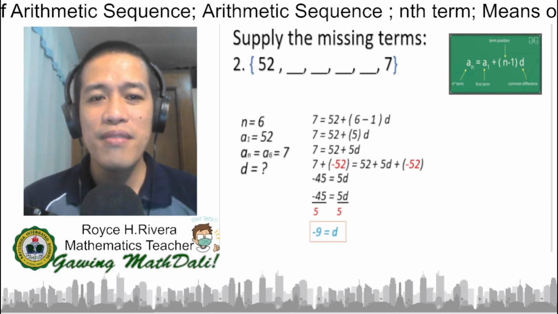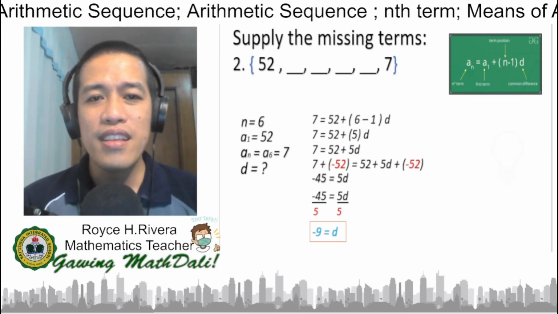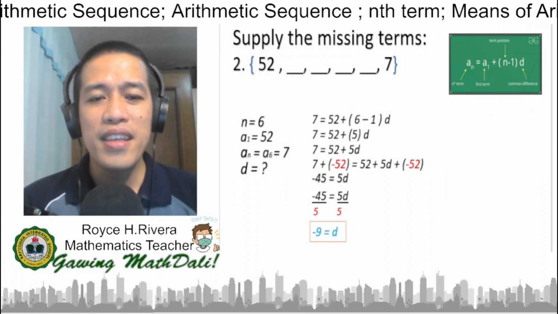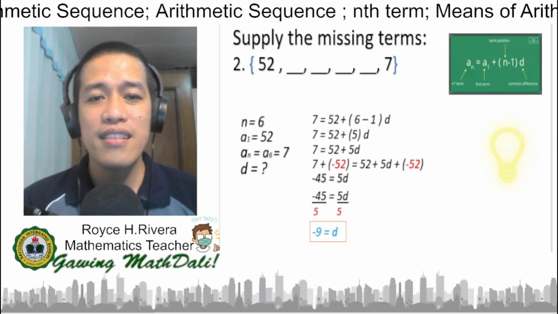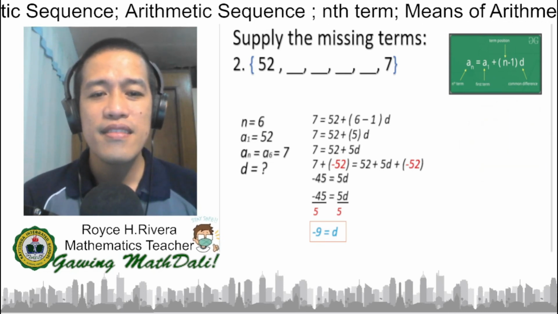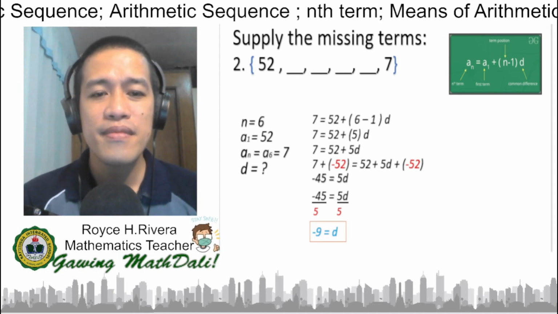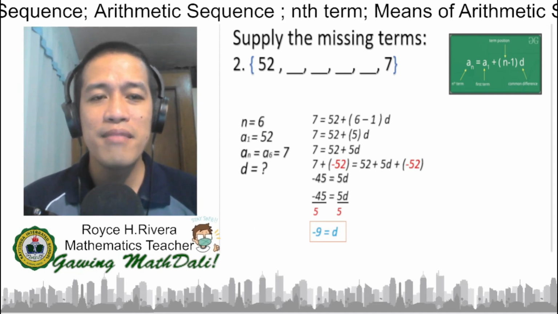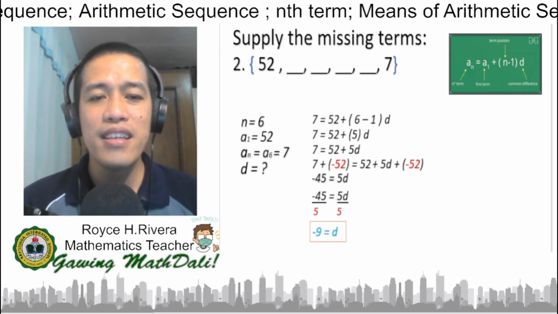The common difference for this arithmetic sequence is negative 9. So we will add negative 9 to the first term and to the next term thereafter until we reach 7.